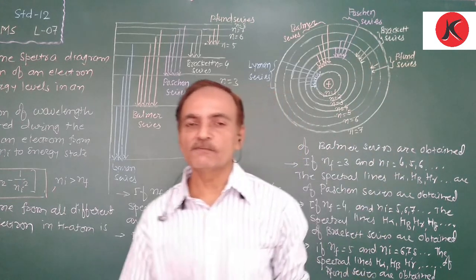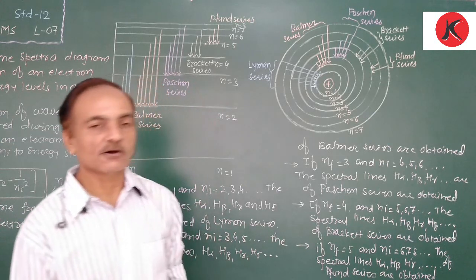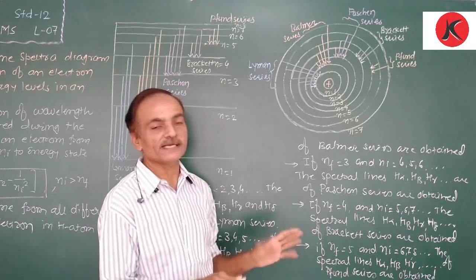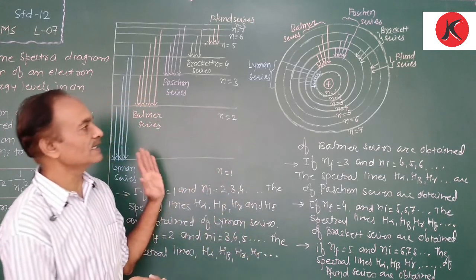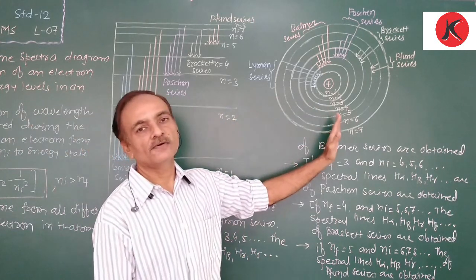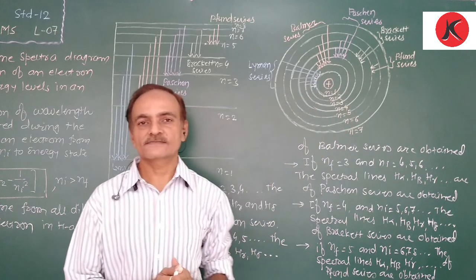So that is the basic information on how the spectral series are obtained during the different transitions of an electron in the hydrogen atom, on the basis of the energy levels and also on the basis of orbits.